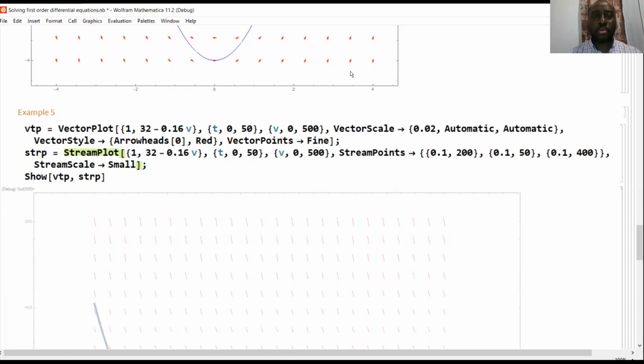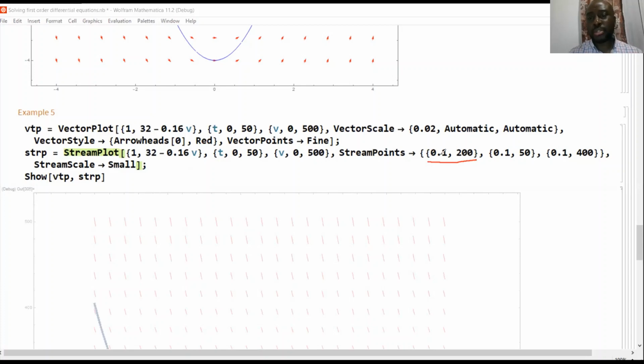The same thing for the stream plot. Okay. Now the cool thing here is that I can now test different initial conditions, and then see how the solution curve looks. Here I specify that I want a solution curve that at time 0.1 is around 200 feet per second.